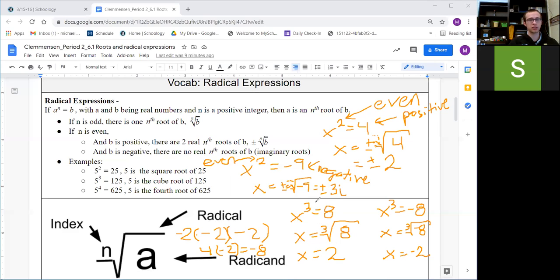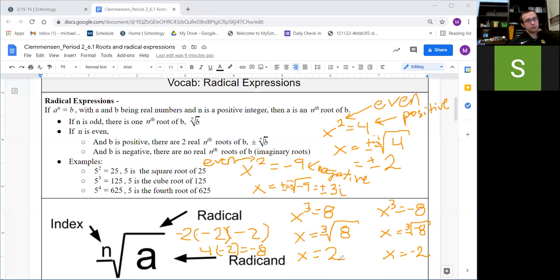Just make sure you understand that if x cubed equals some number, we're going to take the cube root of it to get our answer. And even further, think about the fact that it'll only give us one real solution. We'll only ever get one solution out here, unlike up here, where we always ended up with 2 solutions.